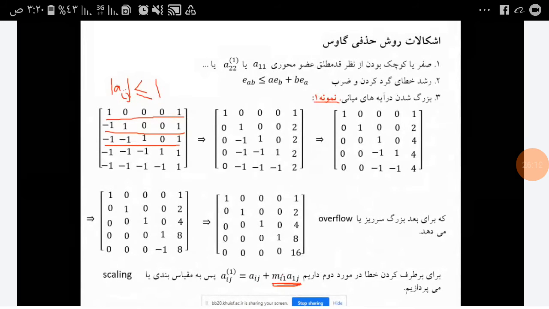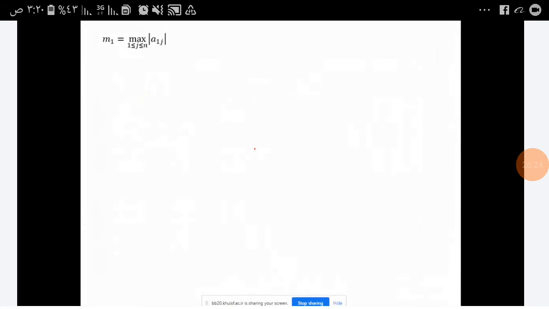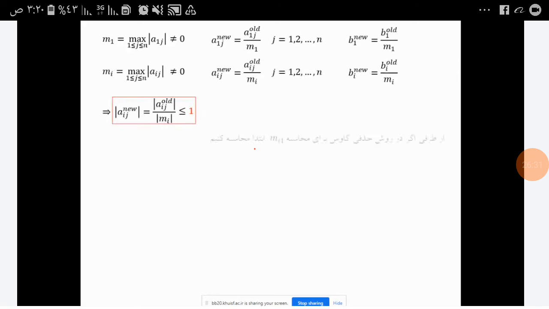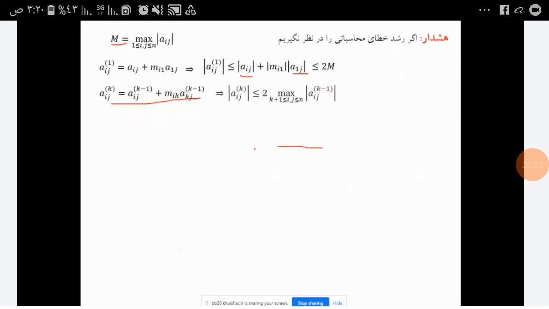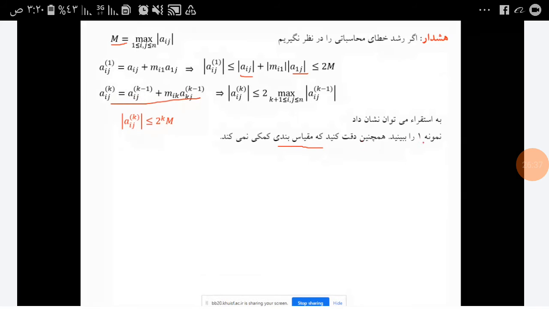Okay, if all factors are less than or equal to 1, we don't have this error. It's numerical analysis, it's not my lecture. It's about your numerical analysis. Okay. So in example 1, we couldn't find any help in scaling.